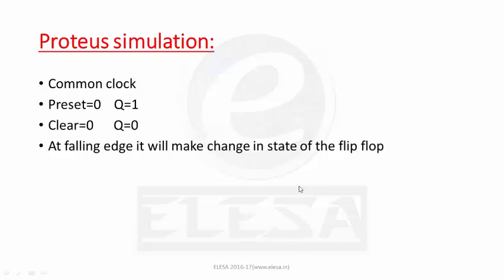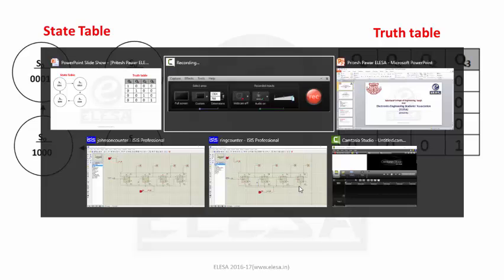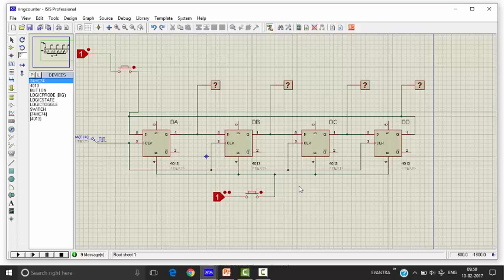When the clock is given as negative edge triggered, the change is made at the falling edge, and when the clock is given as positive edge triggered, it makes the change at the rising edge. Now we will discuss the Proteus simulation, and here it is.